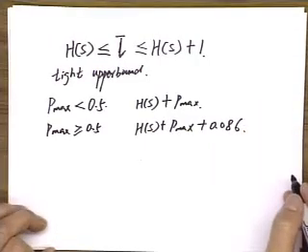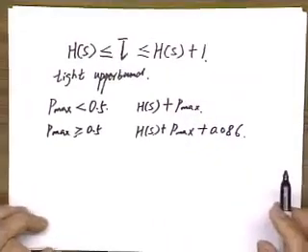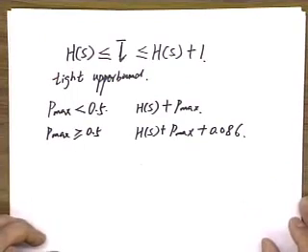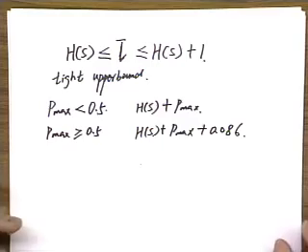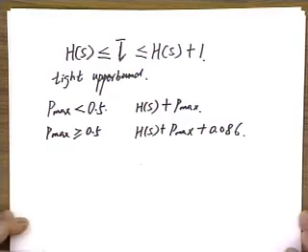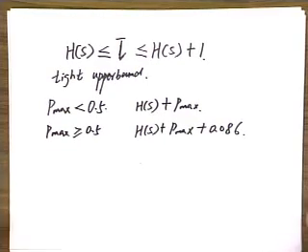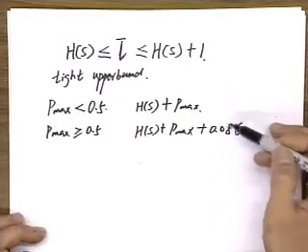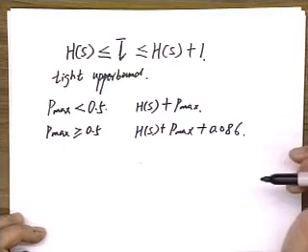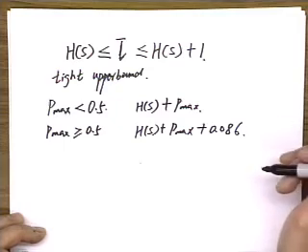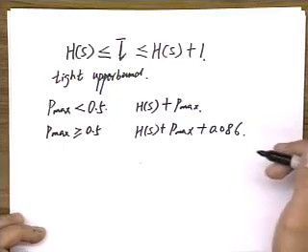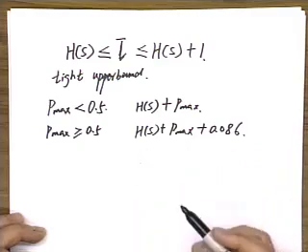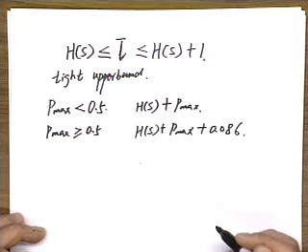So from this upper bound and lower bound, we can see that if the entropy is high, maybe 10 bits per symbol, Huffman coding is quite efficient, guaranteed by these bounds. But if the entropy is very low, much less than 1 bit per symbol, the upper bound cannot guarantee that Huffman coding gets good performance.